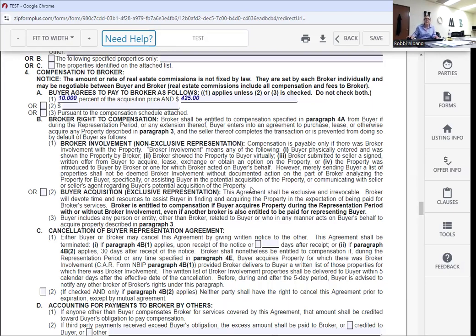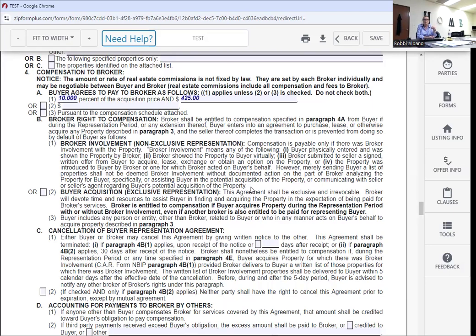What that means is that you as an agent can't say, hey, buyer, you owe me compensation if all that you did was send a copy of the listing to that particular buyer. You have to have some sort of involvement.